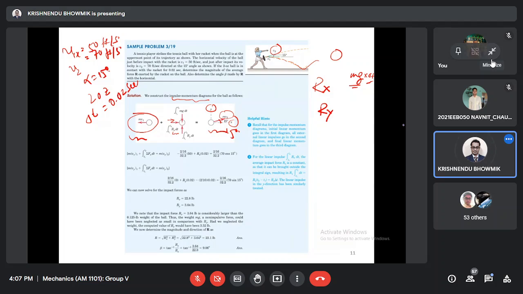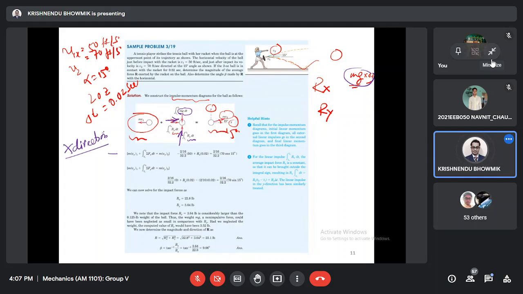Let it be this. So this one, then the other direction is this, Ry dt. Be careful here, mg dt has been considered here. Why, I will tell you. Then multiplied by dt from t1 to t2. This is the scenario.